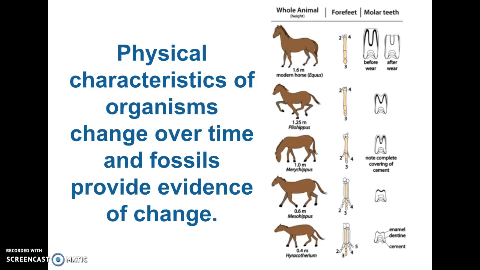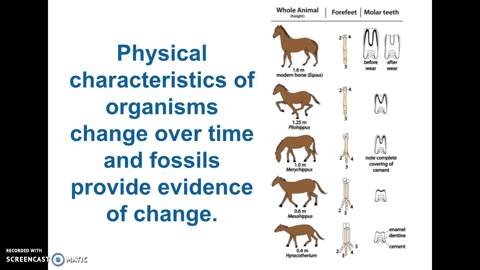Then next to it, we see its feet, which are the structure of the front feet. And here we see the bone structure. So the first common ancestor of the horse had 5 bones down there on the bottom. We see 2, 3, 4, and 5. Then the next period of time, geologic time, we see another evolution of the horse to have 3 bone structures down there at the bottom.